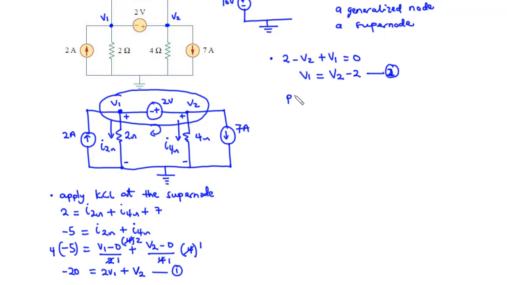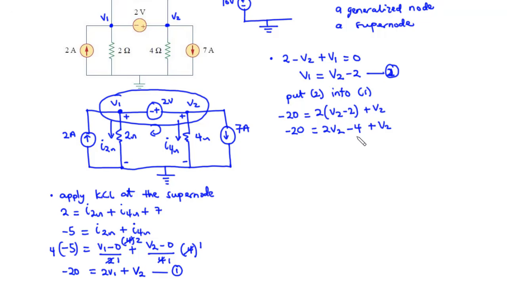Now we are going to put equation 2 into equation 1. So from equation 1, we have negative 20 equals 2 times V1. Now in place of V1, we have V2 minus 2 plus V2. So we have negative 20 equals 2V2 minus 4 plus V2.